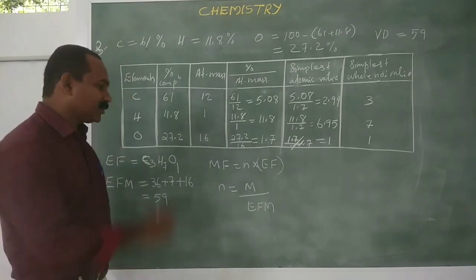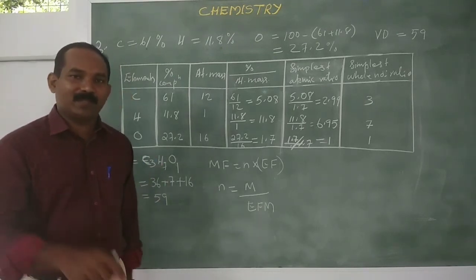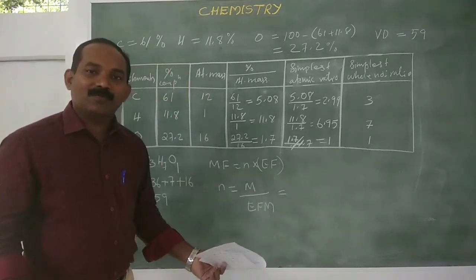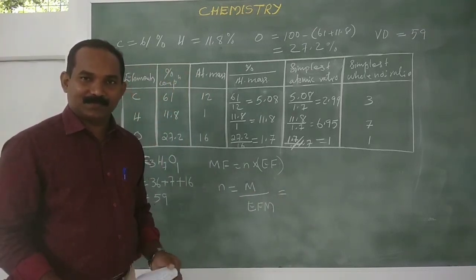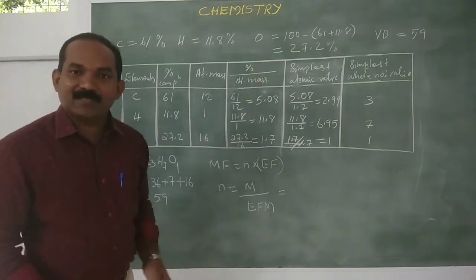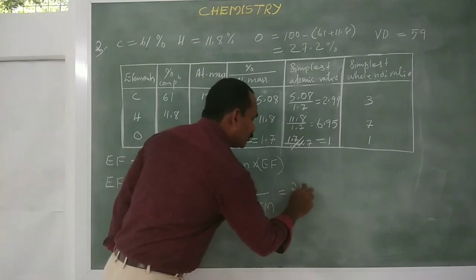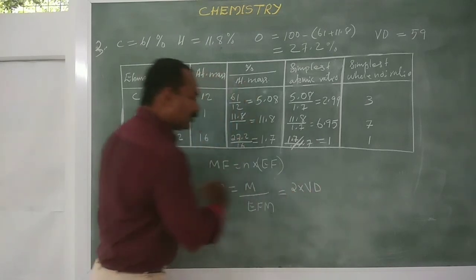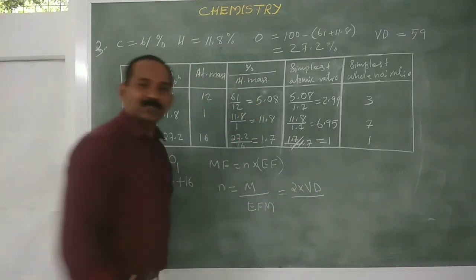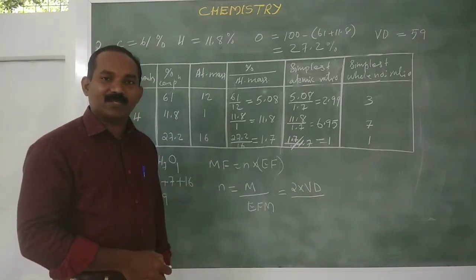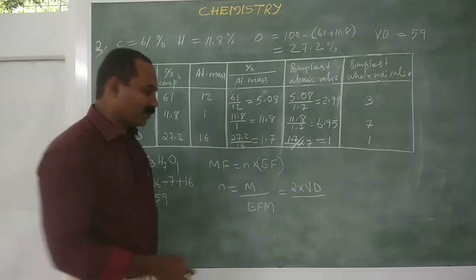Here there is no molecular mass given; the given data is vapor density. So we know that 2 into vapor density is equal to the molecular mass of the gaseous compound.